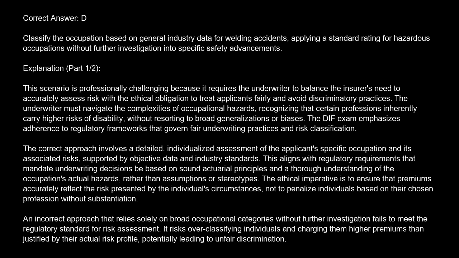An incorrect approach that relies solely on broad occupational categories without further investigation fails to meet the regulatory standard for risk assessment. It risks overclassifying individuals and charging them higher premiums than justified by their actual risk profile, potentially leading to unfair discrimination.